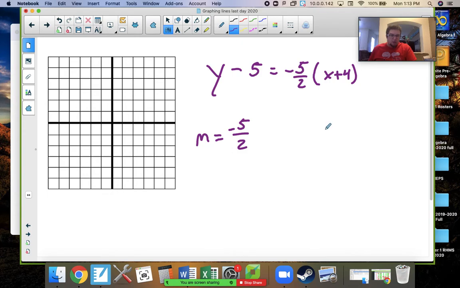And now I need to know where it is on the graph. So I need my point, -4, 5. So -4 on the x, 5 on the y puts us here. And now that we know where the line is going to cross through, we know our line is right here.